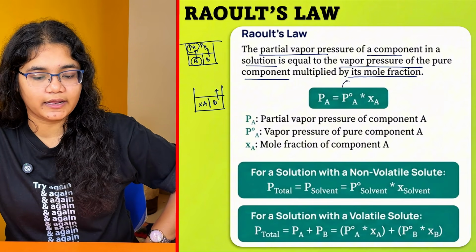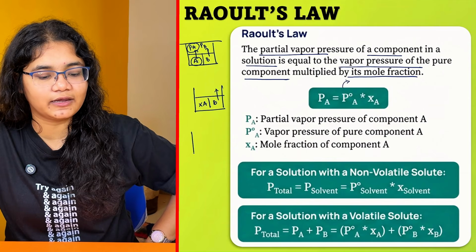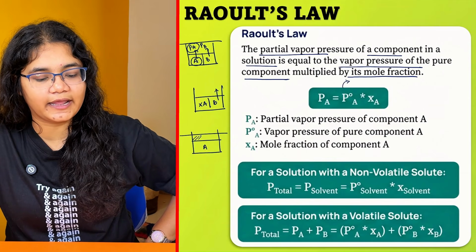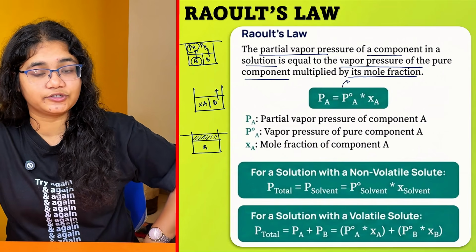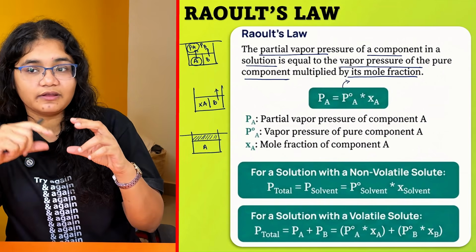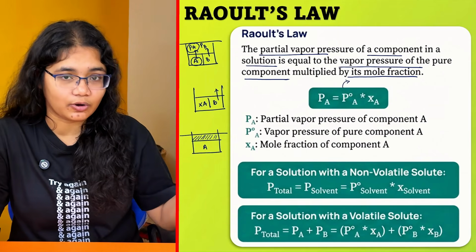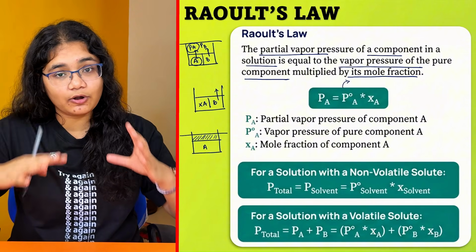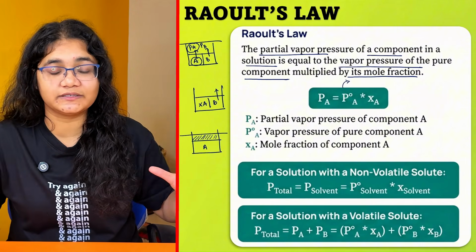Now what is this P naught A? See, P naught A is a situation where, if you just imagine that you have only A in the solution, and A is evaporating here and creating some vapor pressure. So when you have only A, whatever vapor pressure it will create, that is P naught A. PA is the pressure of A when it is in the solution. P naught A is the pressure of A when only A is present. It's the pure form.